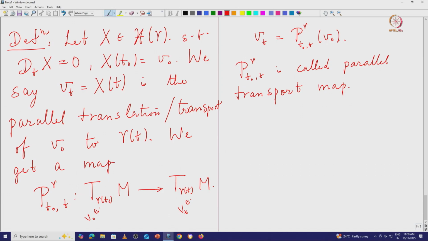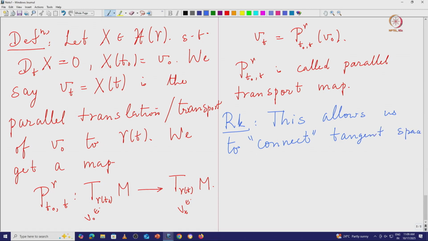Okay, so now let me just make a remark that this allows us to connect tangent spaces at faraway points.